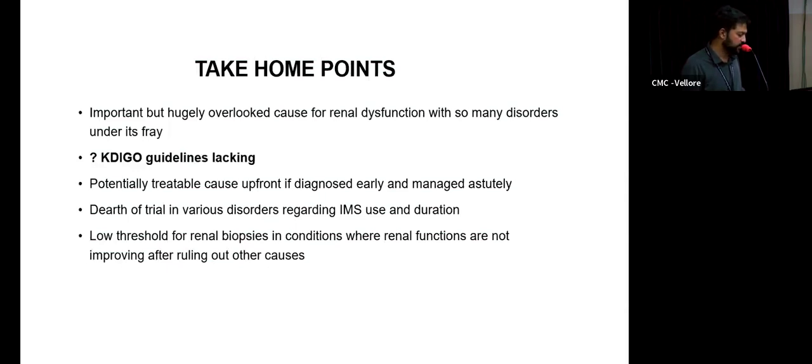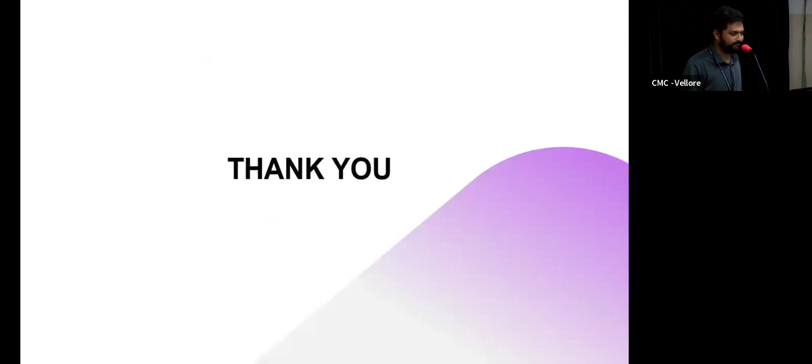These are potentially treatable causes upfront if diagnosed early and managed astutely. There's a dearth of trials, which unfortunately is a limitation. So a low threshold for biopsy and a good history will help us diagnose most of the AIN cases and rule out other causes. Thank you.